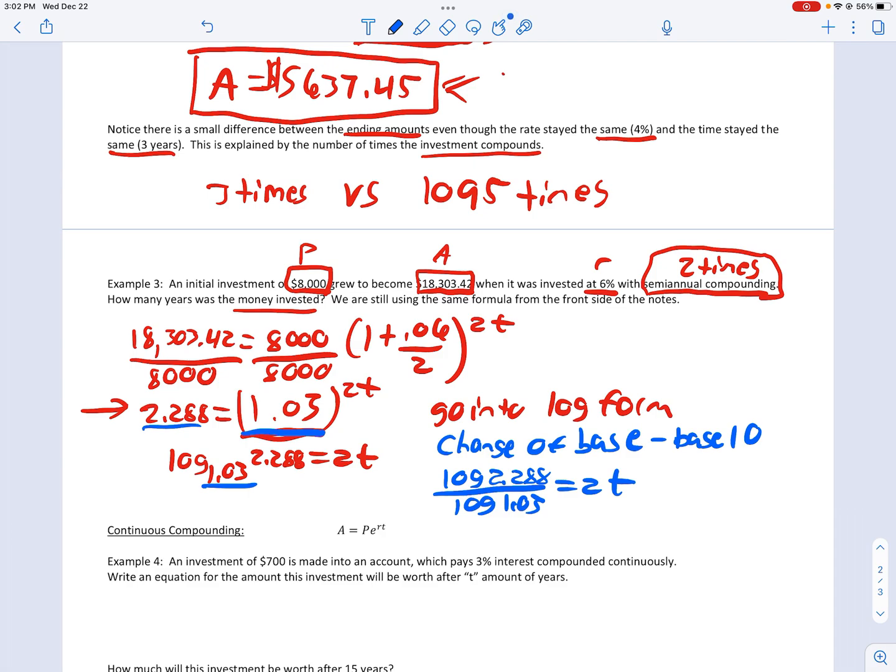Because that's what my calculator will do. You can turn your calculator sideways if you have the phone, and do log of 2.288 divided by log of 1.03. Then divide that by 2, and you'll get an answer of 14 years.